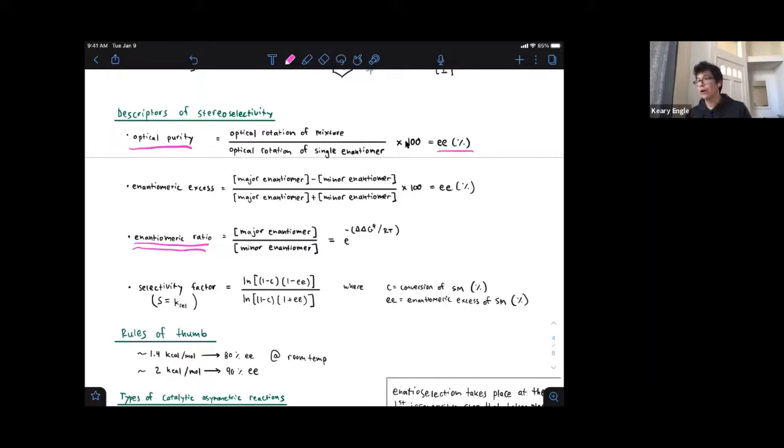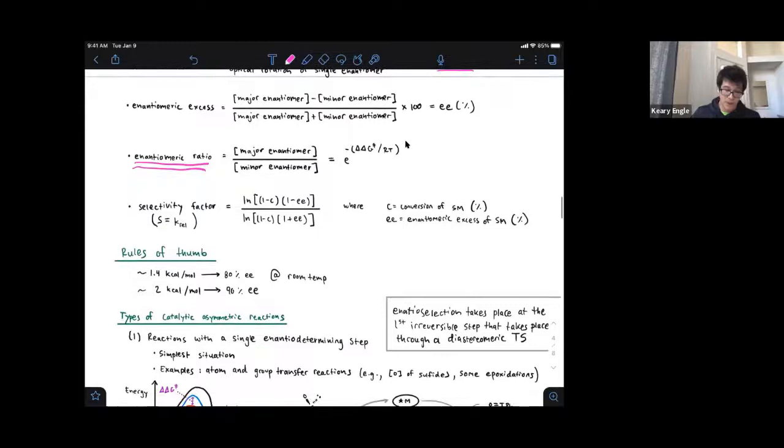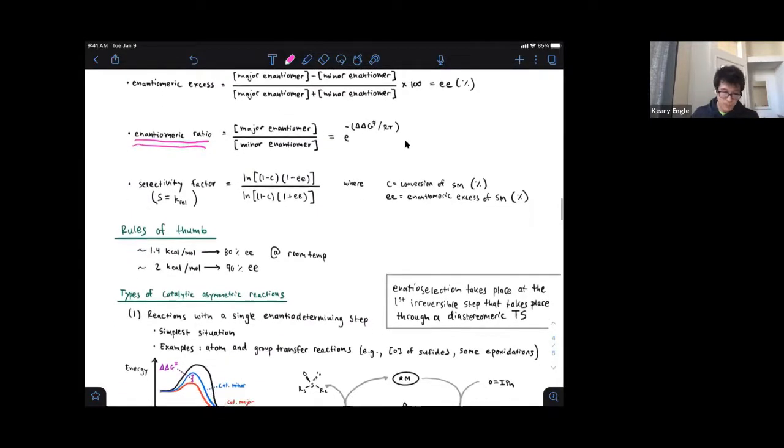So the ER, unlike EE, has a direct meaning in terms of the underlying energy involved. So when you're doing things like making a Hammett plot, you have to be careful to not directly plot EE versus your sigma constant. You need to convert to ER and then take the natural log and plot that against the sigma constant.